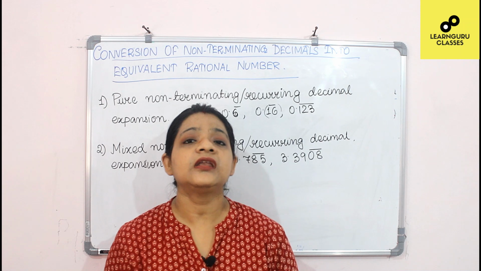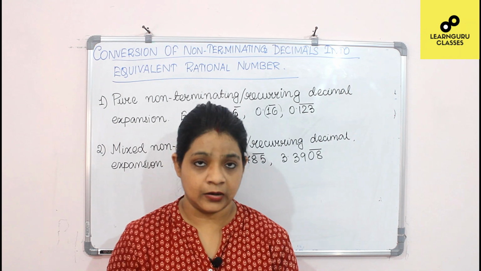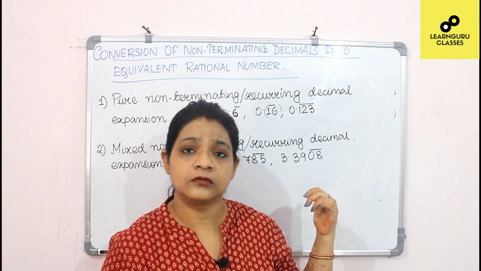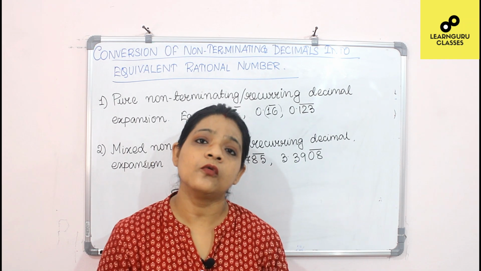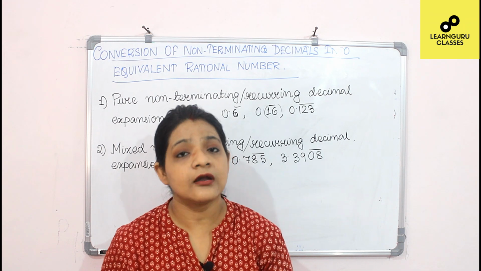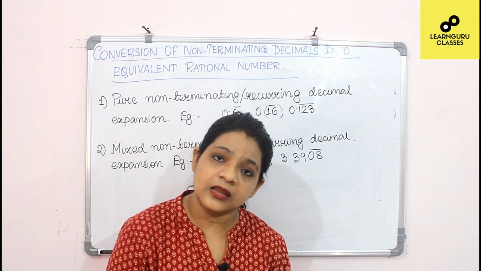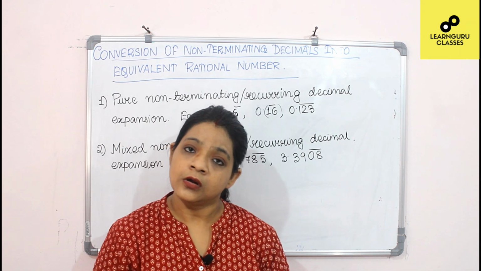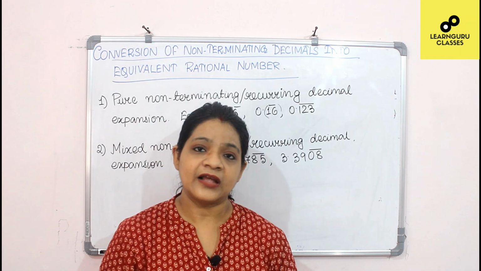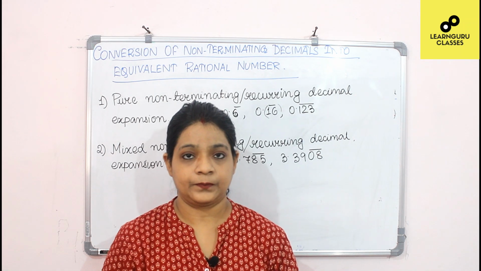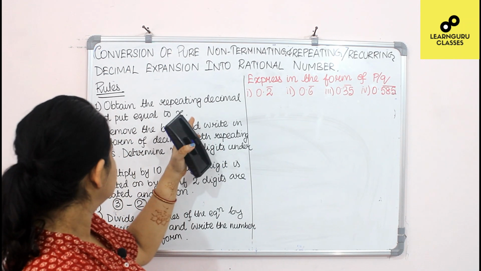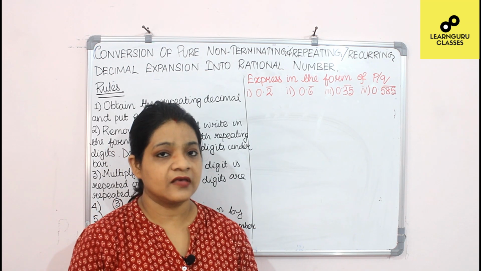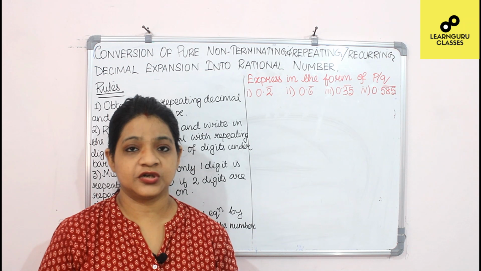To convert them into an equivalent rational number, there are two separate approaches for these two types. First of all, we are going to see how to convert a pure recurring or non-terminating repeating decimal expansion into a rational number. These are the rules to be followed while converting a pure recurring decimal expansion into a rational number.